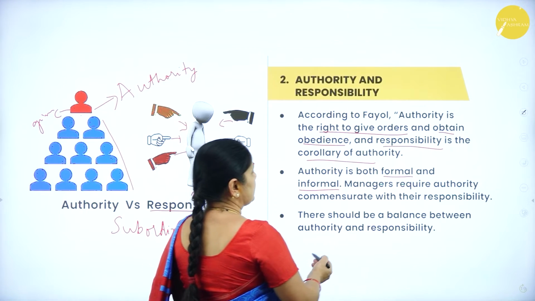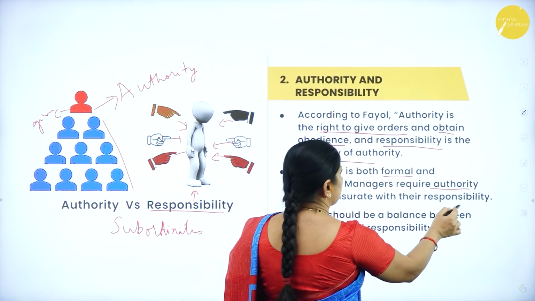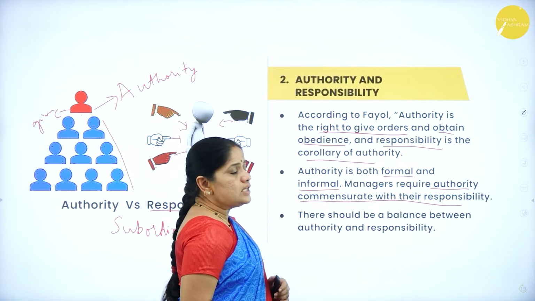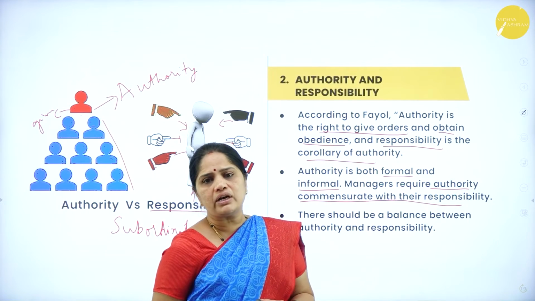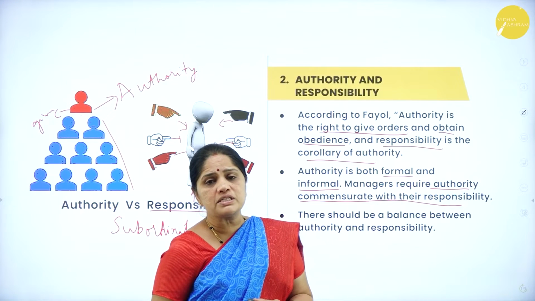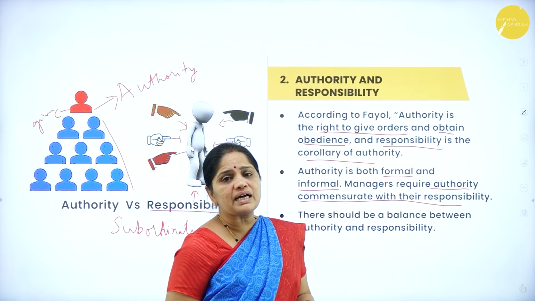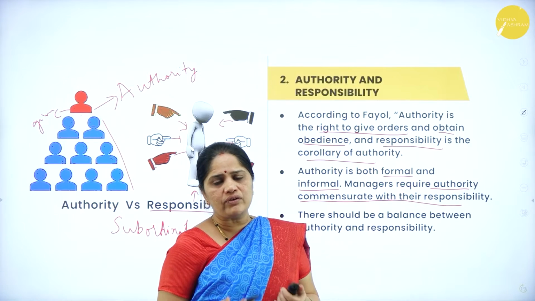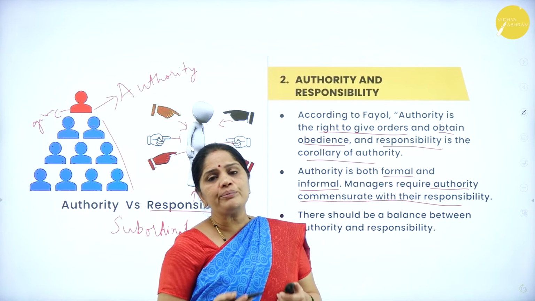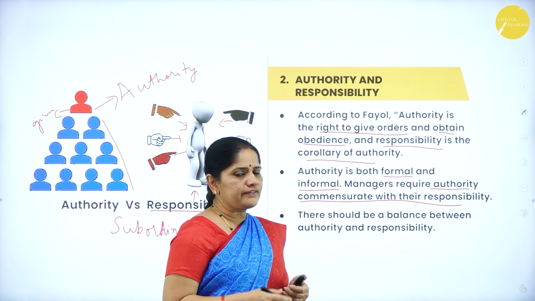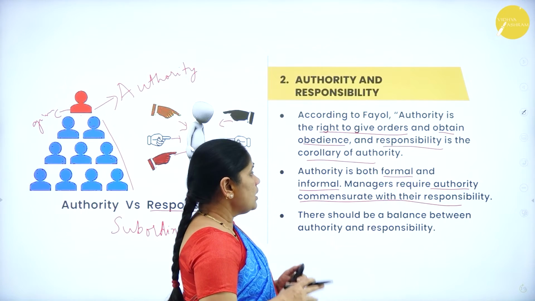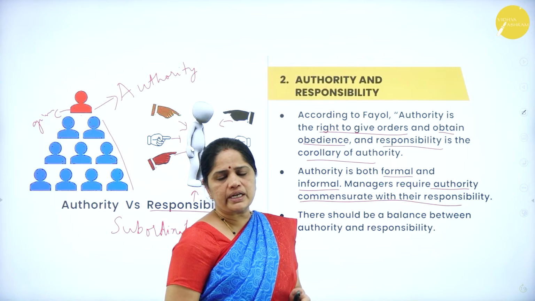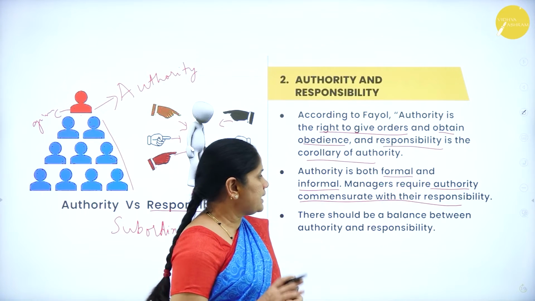So they require authority commensurate with their responsibility. If you don't have authority, but you are only responsible for the jobs, then it becomes irrelevant. If you don't have the authority to give orders, then how can you be responsible for the work which has to be done? So authority and responsibility should always go hand in hand.